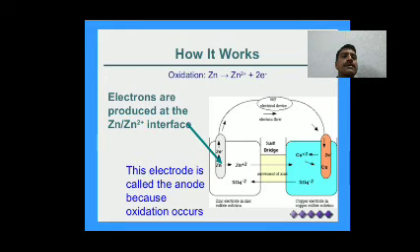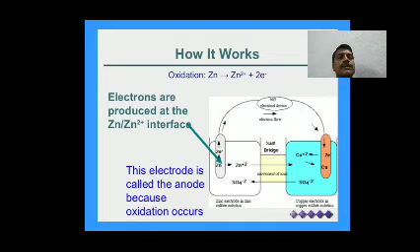Zinc plate acts as anode. This anode loses electrons from its valence shell. Those electrons move from anode to cathode. This anode is indicated by negative charge. The zinc undergoes oxidation by loss of electrons.